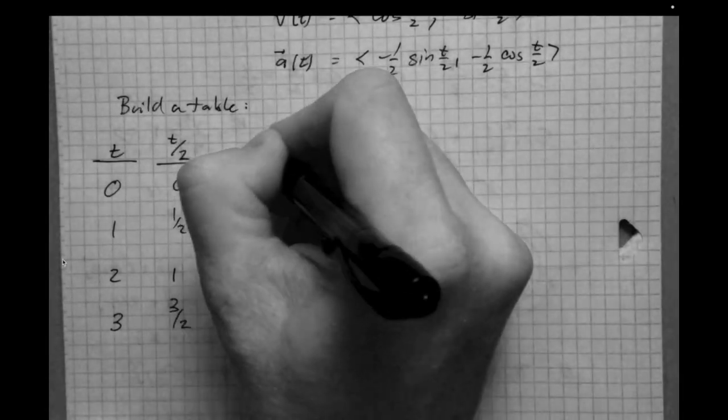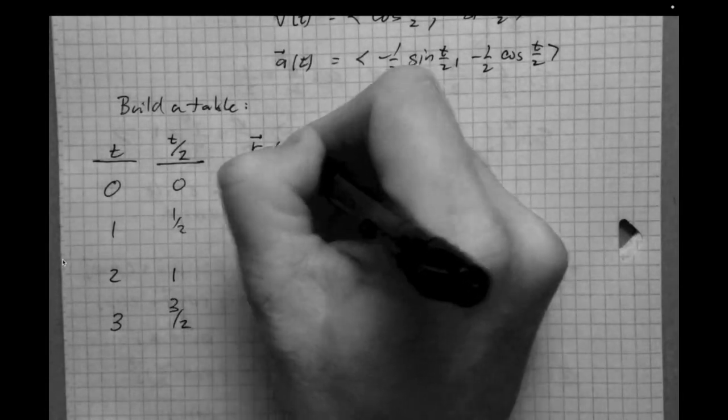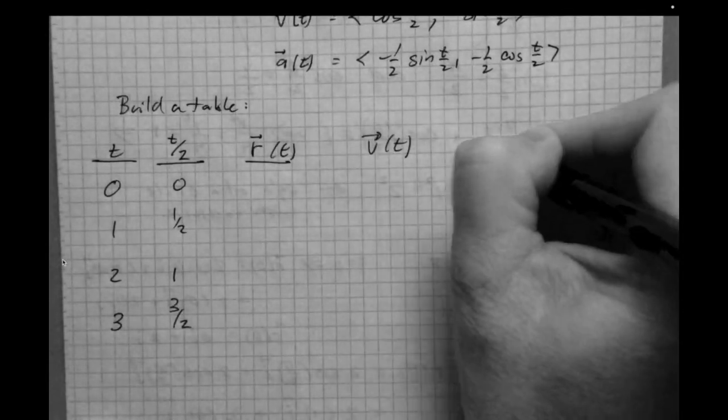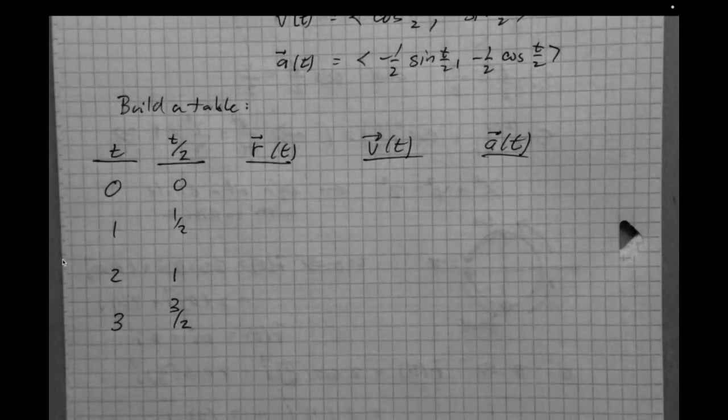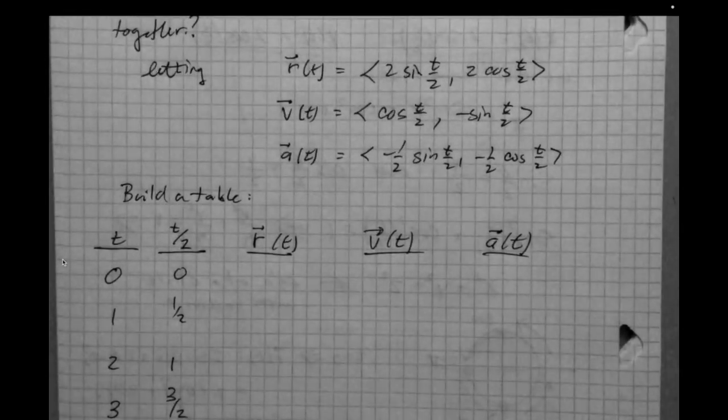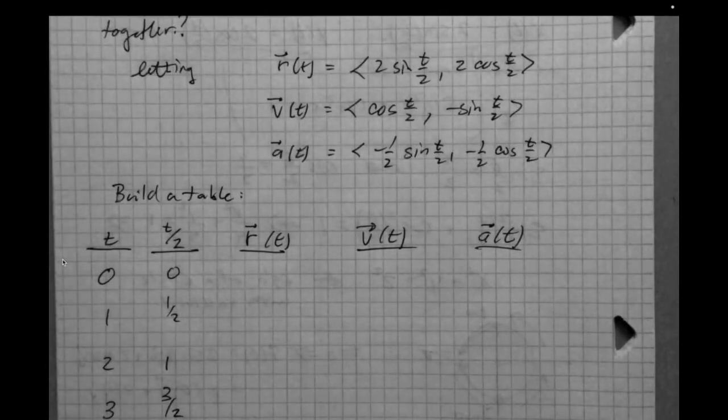Then we're going to evaluate r of t, v of t, and a of t at each of these. We'll do this for 0 just to make sure we can see how this is done. But then I did this separately using Microsoft Excel, just to make it quicker because it can get a little tedious.